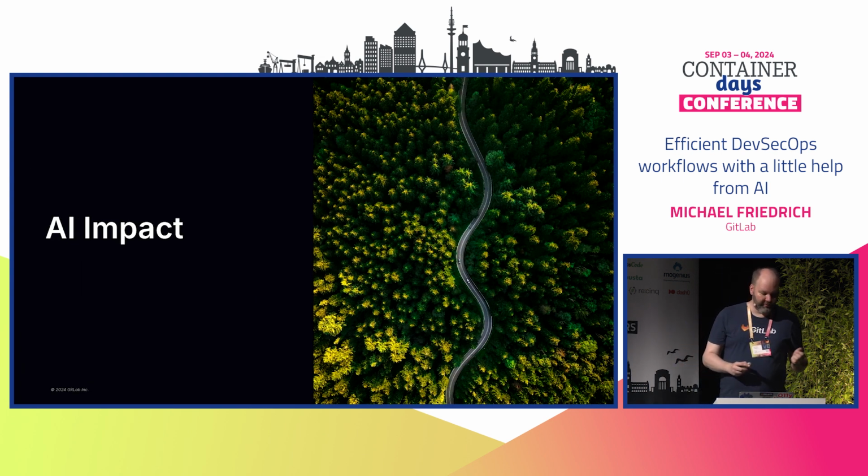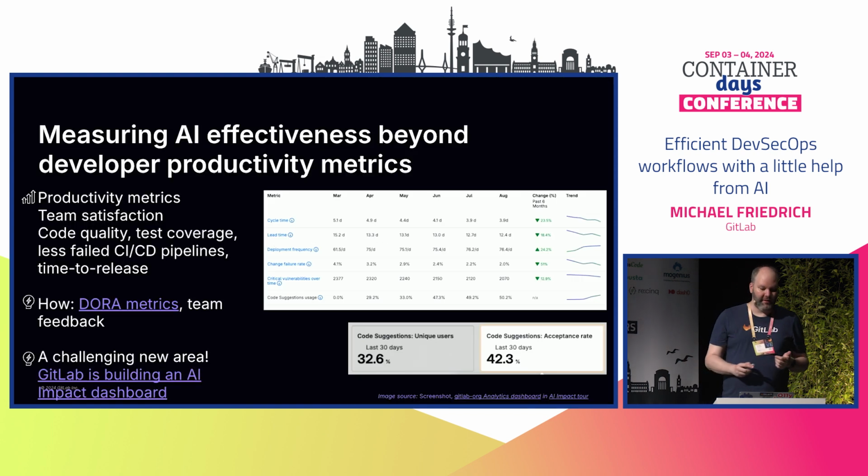One thing I want to highlight is AI impact. It's a new area, and it's hard to do: really measuring the effectiveness beyond the developer productivity metrics. You can certainly use DORA metrics to measure pipelines, deployment frequency, and so on. But also, how often are the code suggestions being accepted? How often is a vulnerability resolution actually helping prevent an incident?